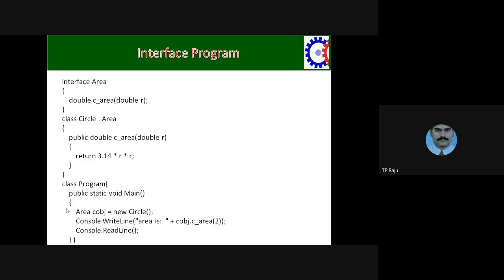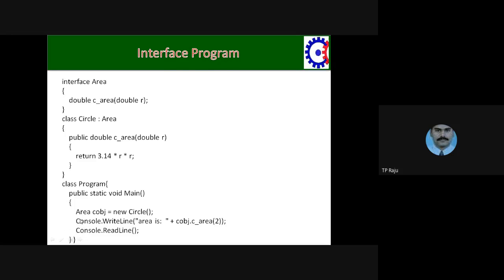It is the concept of dynamic polymorphism. Area is the base interface. That base can hold the address of a derived circle class object. That's why area c obj equal to new circle of.